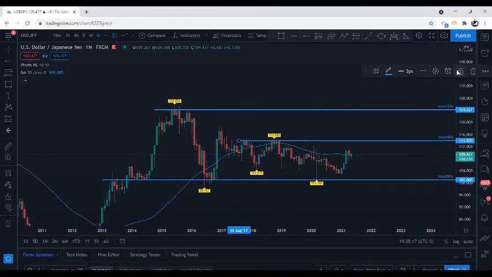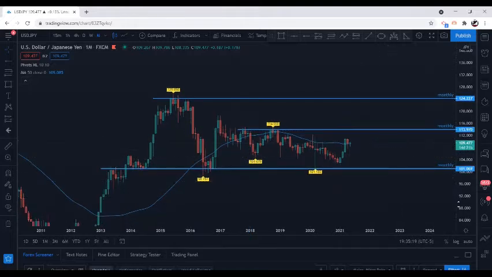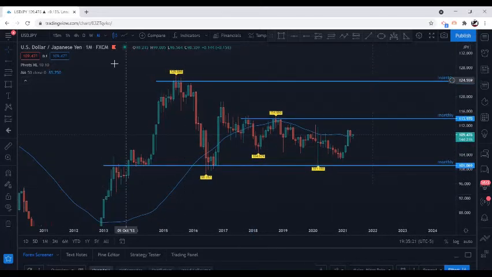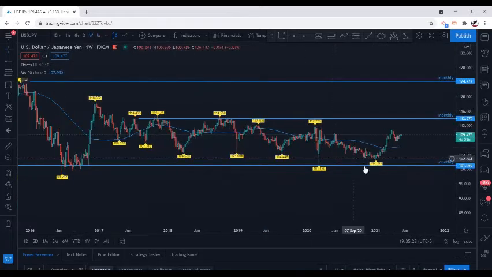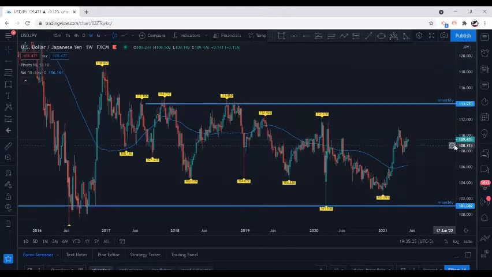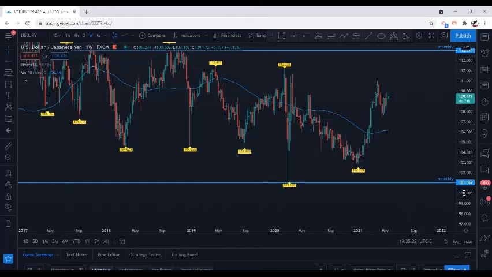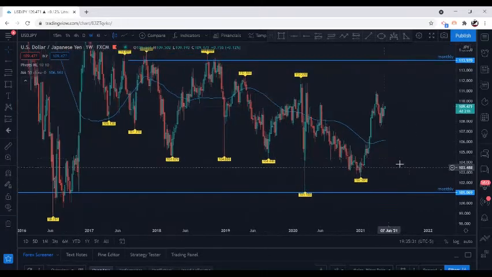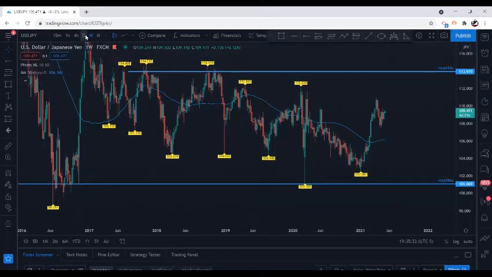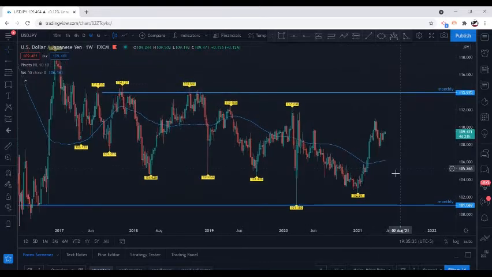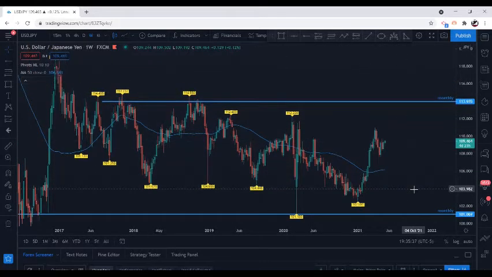The aim of this game is just to come and be consistent, and perform your strategy perfectly every time. So on this weekly chart, we're not really seeing any significant level that price may react to.